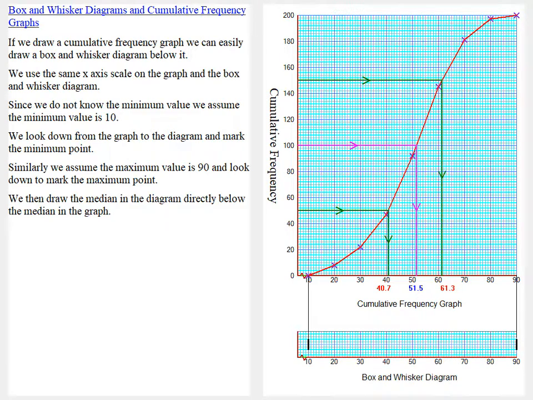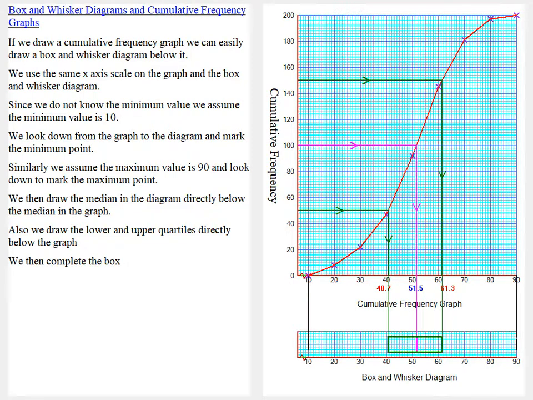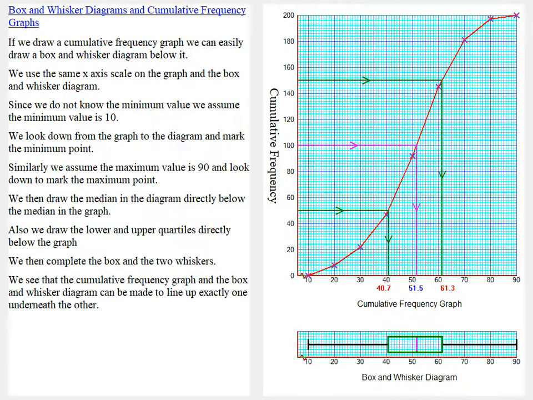We then draw the median in the diagram directly below the median in the graph. And also we draw the lower and upper quartiles directly below the graph. We then complete the box and the 2 whiskers. And we see that the cumulative frequency graph and the box and whisker diagram can be made to line up exactly one underneath the other.